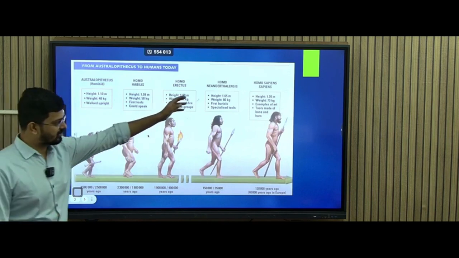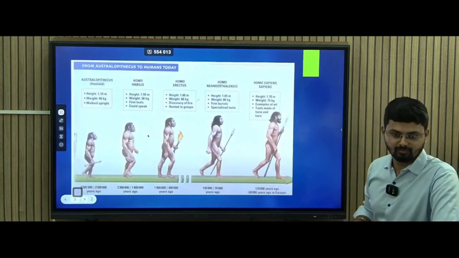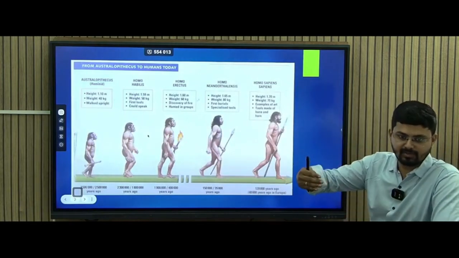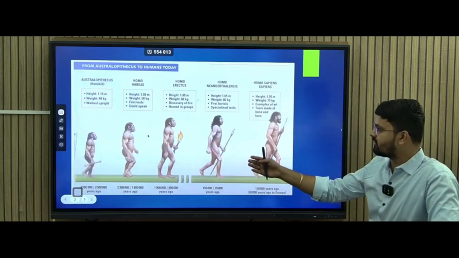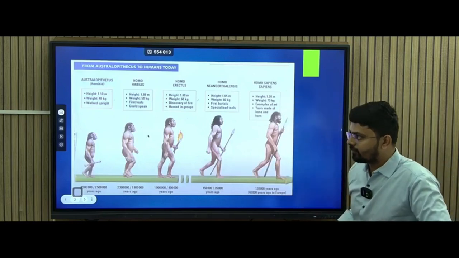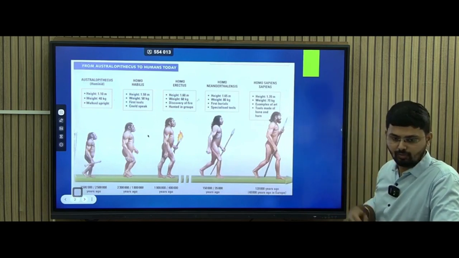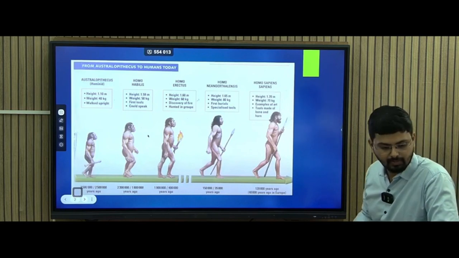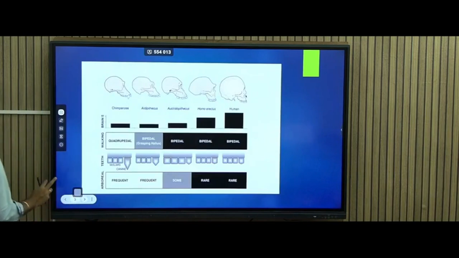See, this is Homo sapiens sapiens, it's mentioned, but I'm telling you there is Homo sapiens also. Before this you have Homo sapiens, then at the end you have Homo sapiens sapiens. Homo sapiens sapiens is humans. Okay, so this is the trend, and then we are starting with the first fossil.